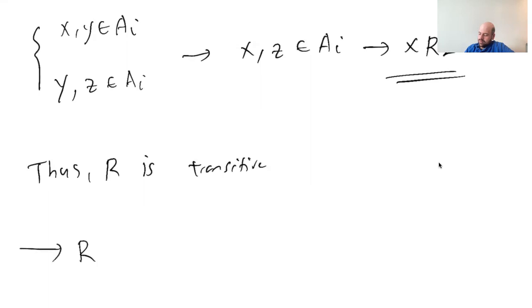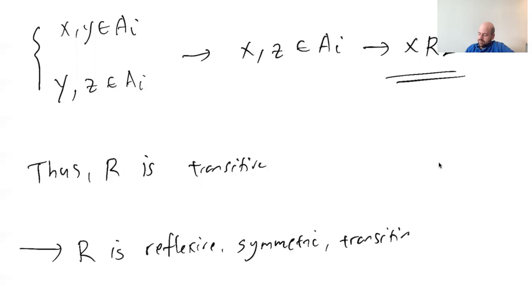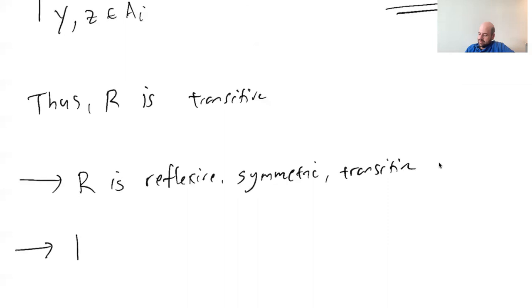So we can conclude that R is reflexive and symmetric and transitive. So that means R is an equivalence relation.